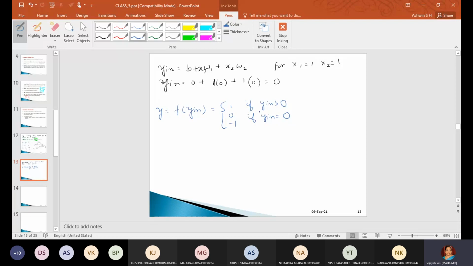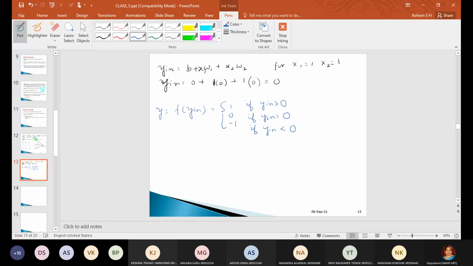It is minus 1 if y in is less than theta, so less than 0. So these are the conditions now for the output. Theta value is already mentioned in the problem. So if y in is greater than 0, it is 1. If it is equal to 0, it is 0. If it is less than 0, it is minus 1.